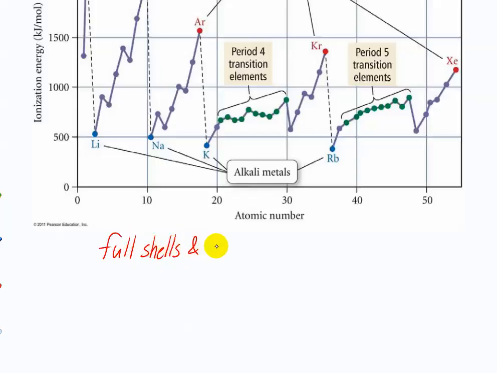Full shells and half full shells are generally more stable. Now, full shells are much more stable. Half-filled shells are a little bit more stable. And that's true for subshells as well.